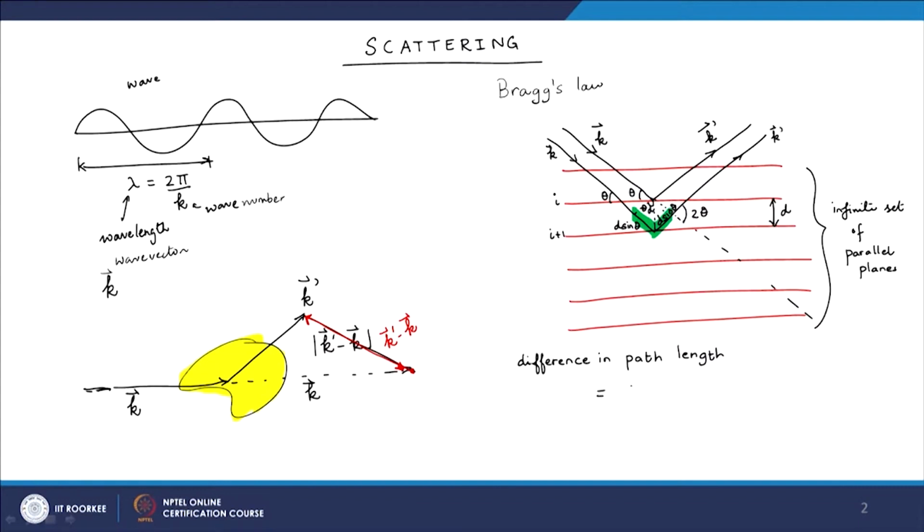So, the difference in path length becomes 2d sin theta, and this is equal to n times lambda, where n is an integer and lambda is the wavelength of the fluctuations that we have in the system, in the light source.